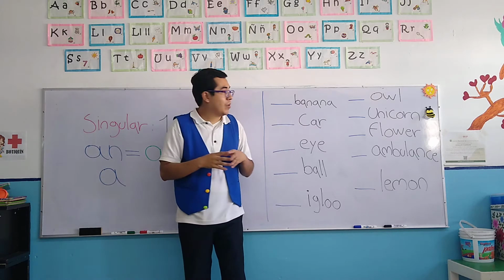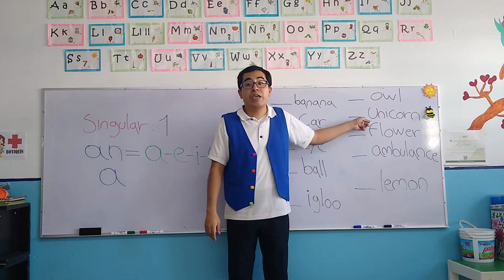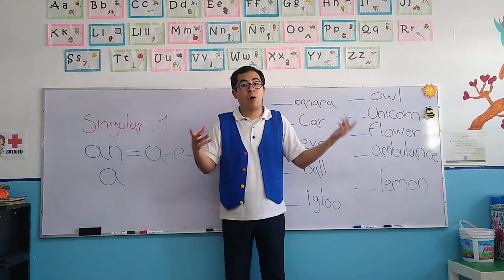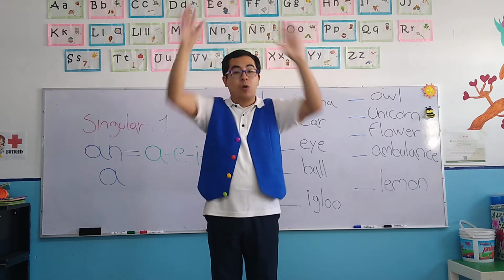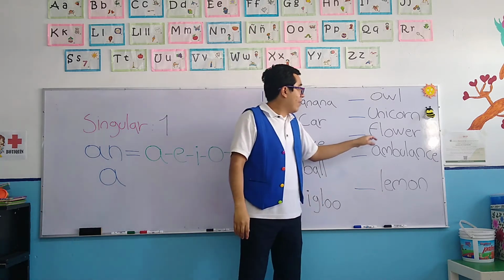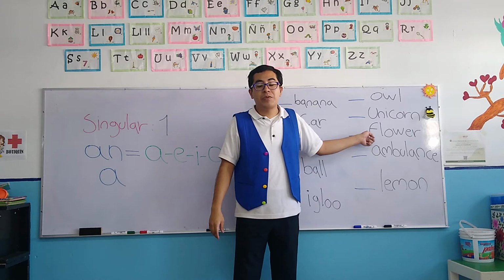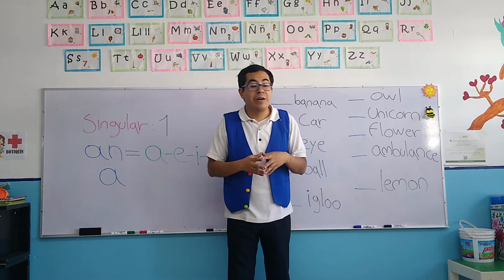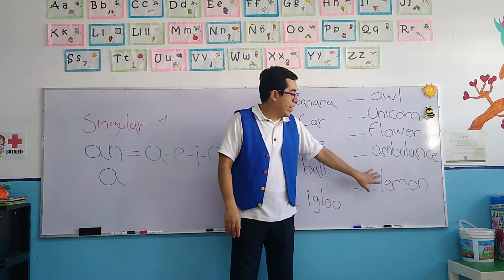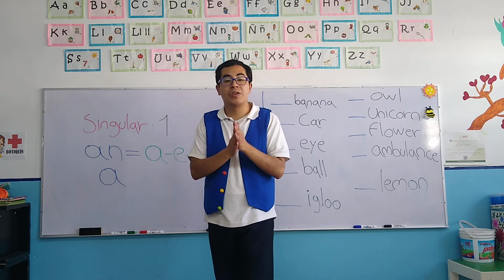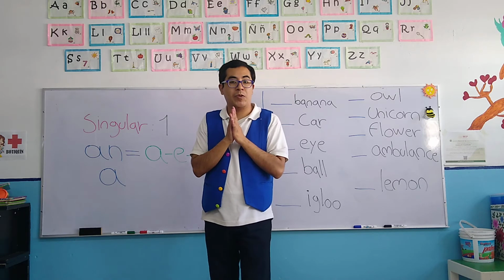Those are owls, okay? Let's continue with the unicorn. Now, the unicorn is like a horse, but contains several colors, okay? Now, the other object is a flower. Let's continue with an ambulance. And the last one is a lemon, which is part of the fruits, okay?